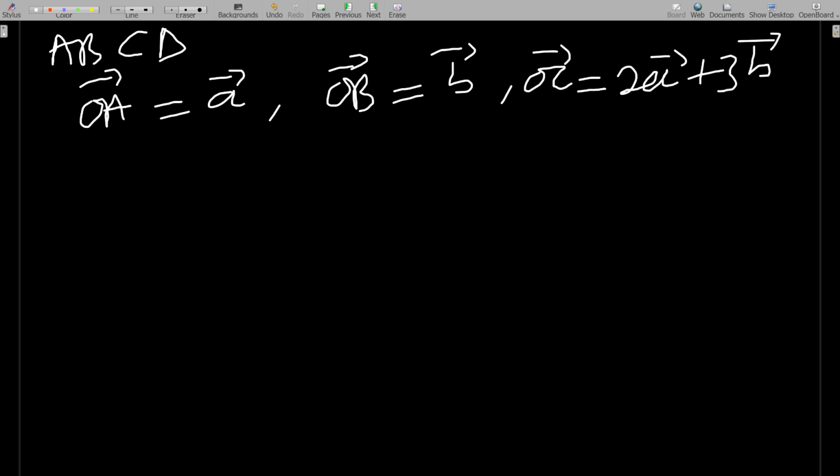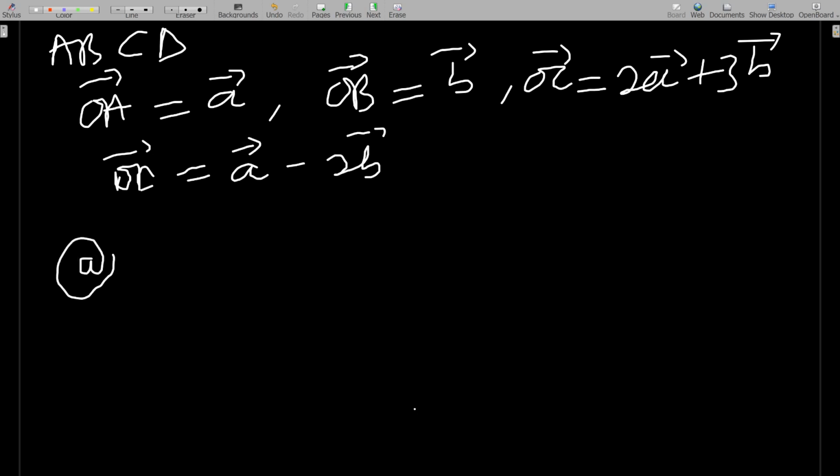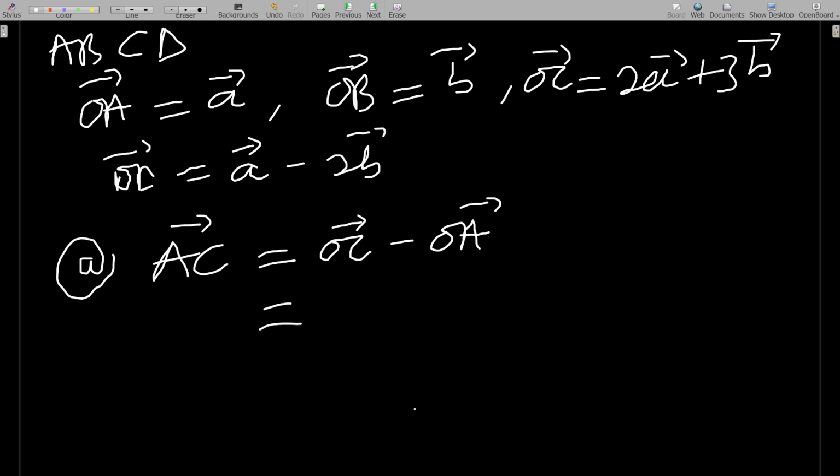And for OD, it is small a minus 2B. Our first task is to solve for AC, which is equal to OC minus OA in terms of position vectors. So you put in OC, which is 2A plus 3B, minus OA, which is small a.